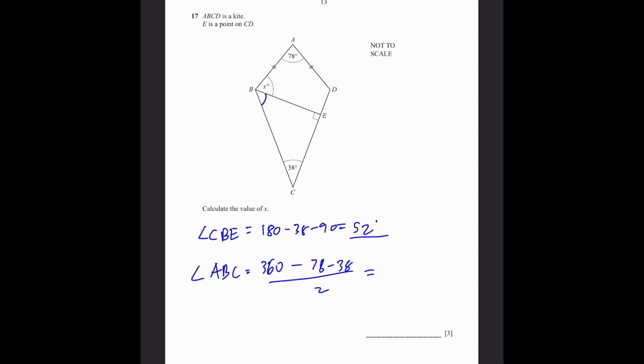If we did it correctly, you get the answer as 122 degrees. So there's 52. The full thing is 122 degrees. So angle ABE is equal to x. That's equal to 122 minus 52, which is equal to 70 degrees. That's the answer.